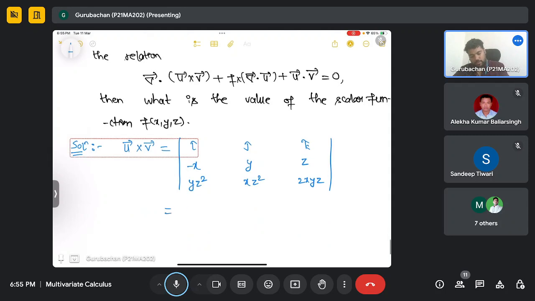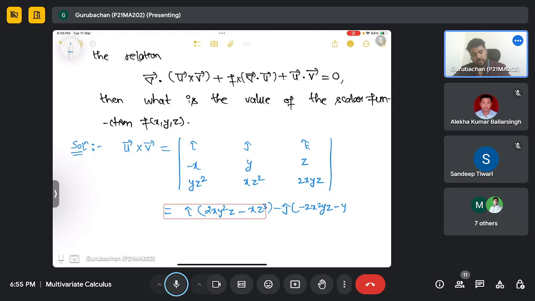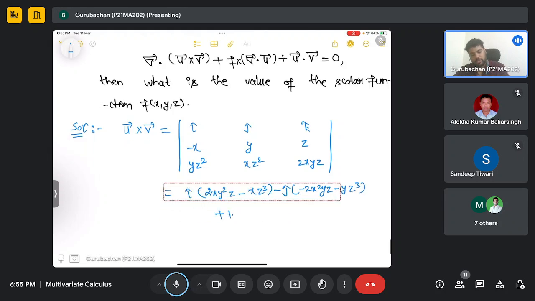So from here we will get i is 2xy square z minus xz cube, minus j cap minus 2x square yz minus yz cube, please check the calculation parallelly, minus x square z square minus y square z square.